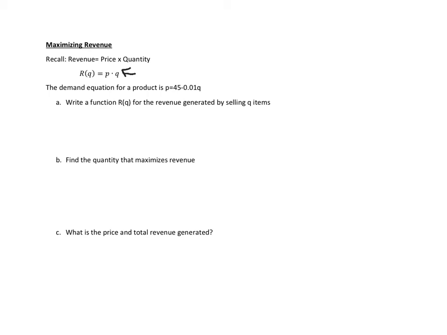So we have this demand equation that price for a product equals 45 minus 0.01 Q. And we want to write a function R of Q. Well, R of Q equals P times Q. And here's what P is.